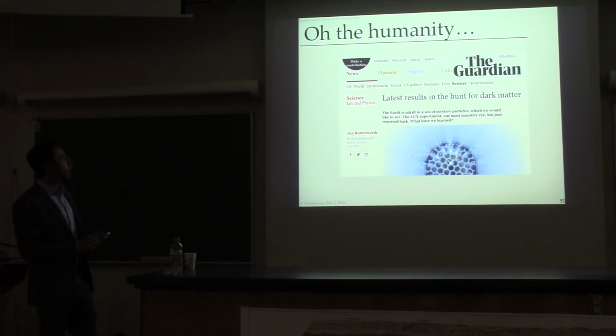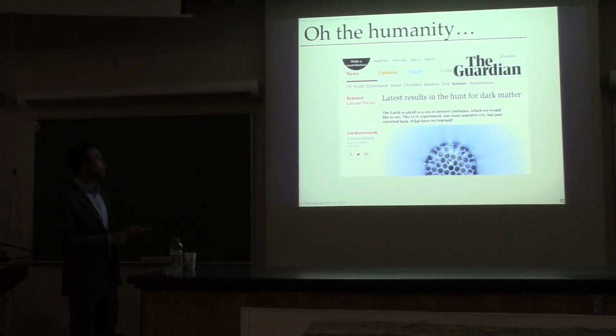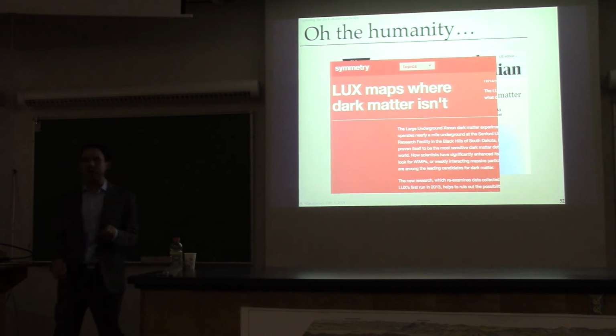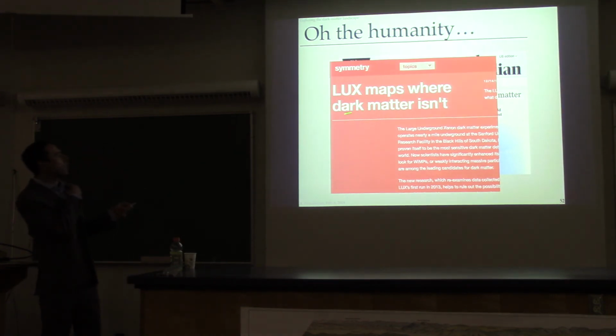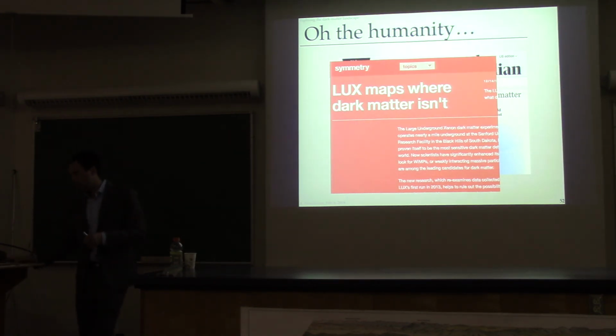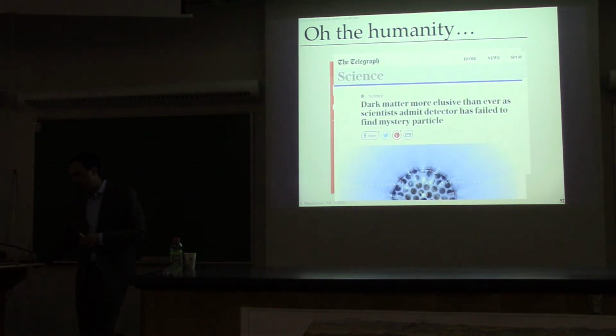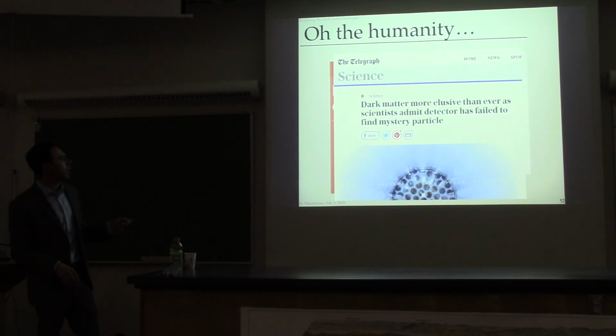We had some interesting press response. Some were sort of stoic. The Guardian said, this latest results in dark matter. Symmetry magazine was a bit more positive: Lux maps where dark matter isn't. We didn't see anything. The Telegraph was maybe a little bit more pessimistic: Dark matter, more loose than heather.